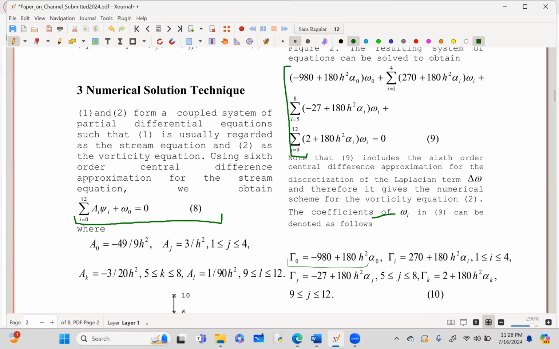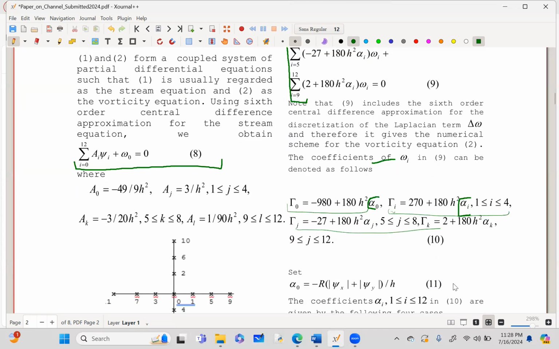And then the off-diagonal ones are given by the remaining part in this 10. So as you can see here, all of these expressions involve alphas, or alpha i's, from 0 through 12.